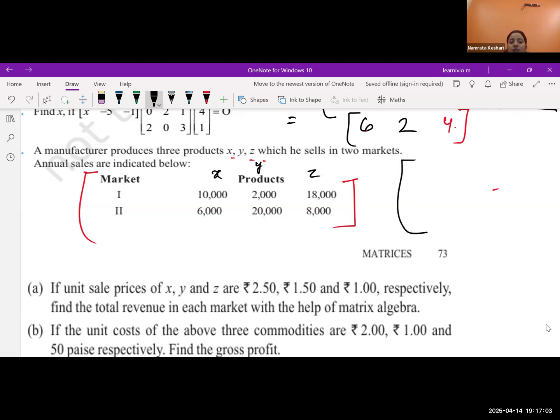Now XYZ are given like this, rupees 2.50. Okay, unit sale prices are given, 2.50 per unit product, 1.50 per unit product. And basically we need to do multiplication, right?